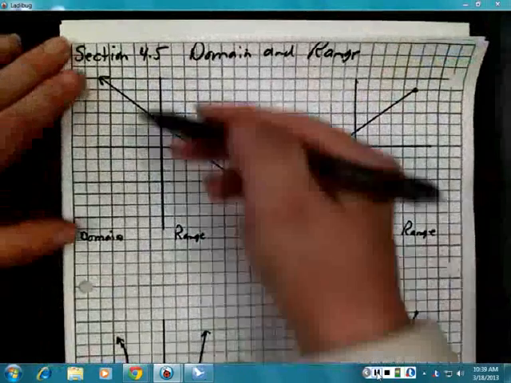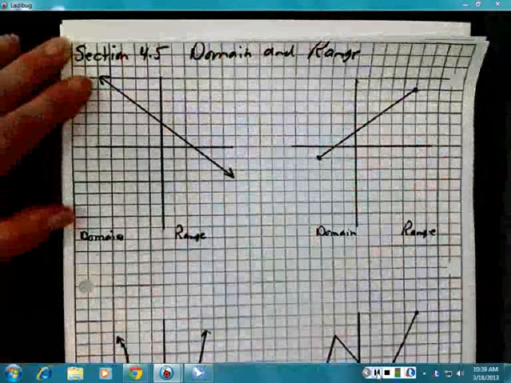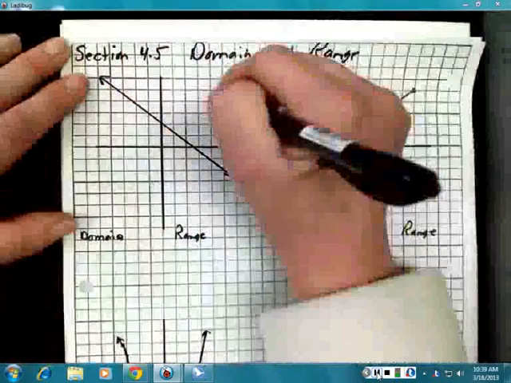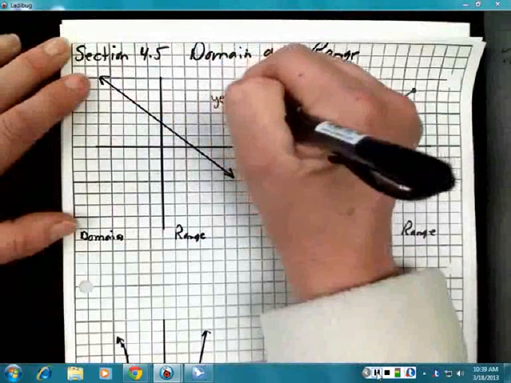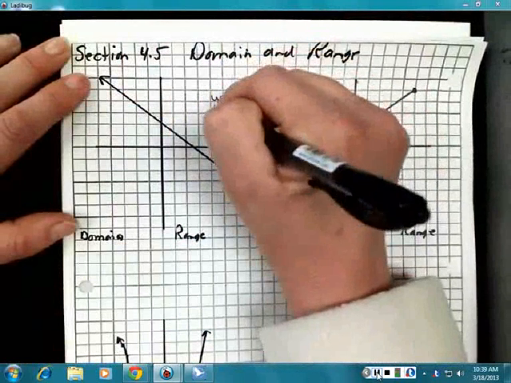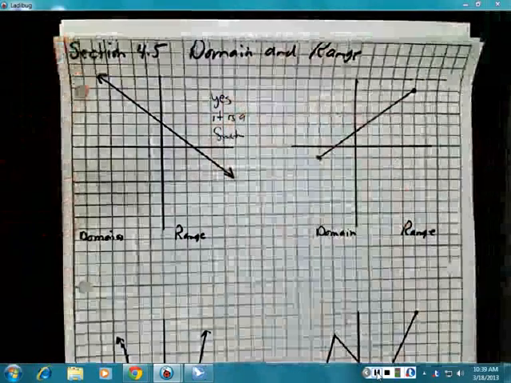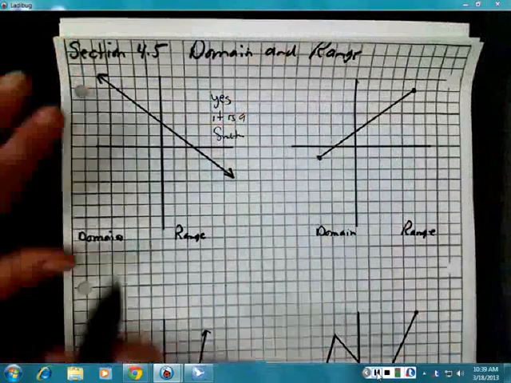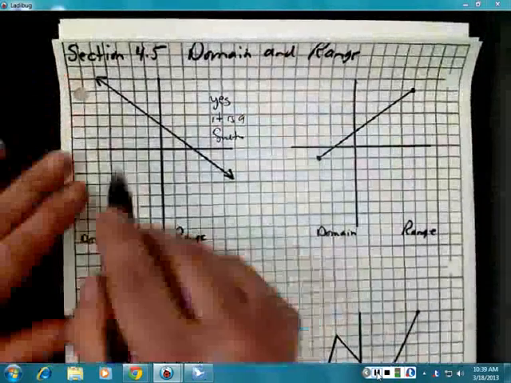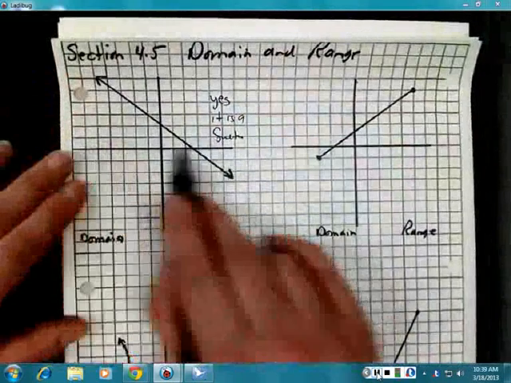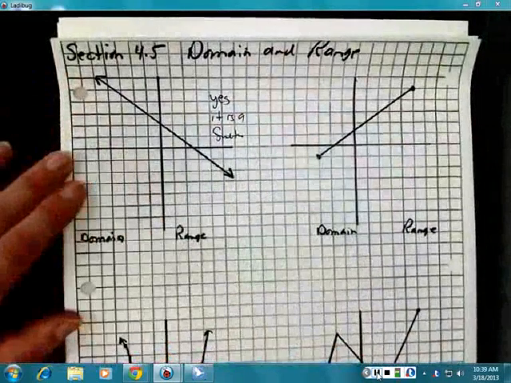If I've got a straight line, what do you notice on that straight line? Is it a function? Yes, it is a function. But what's its domain? Well, the domain is all the x's it can possibly be. So when I look at a graph, what do I know?